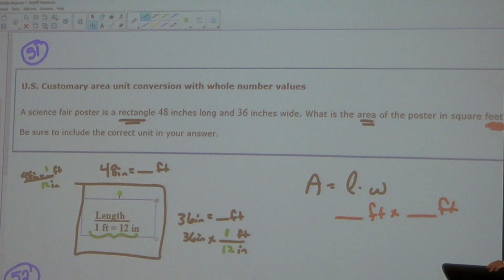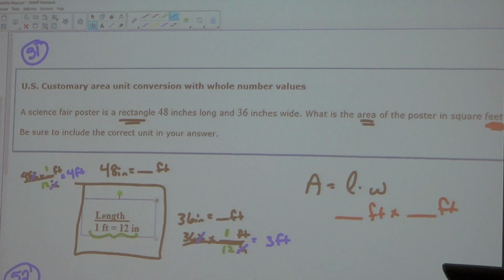Draw my line. Am I going to multiply those 2 numbers or divide those 2 numbers? Divide. So 48 divided by 12 is 4. 36 divided by 12 is 3. What are the units going to be? Feet, because the inches cancel and leave me with feet.